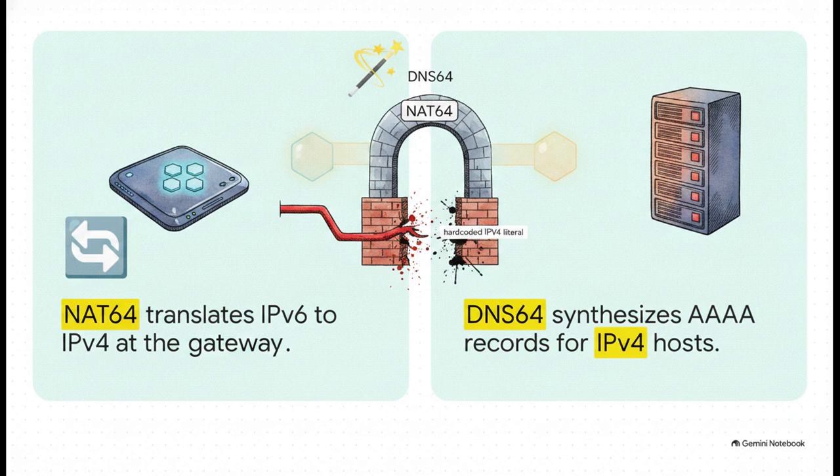NAT64 handles the actual packet translation at the gateway, while DNS64 kind of tricks the client by synthesizing an IPv6 AAAA record for an IPv4-only hostname. But listen up, here is a massive warning label. If your applications have hard-coded IPv4 literal addresses, like trying to connect directly to 1.2.3.4, they will completely bypass DNS64. The synthesis never happens, NAT64 is bypassed, and the application connection will just outright fail.